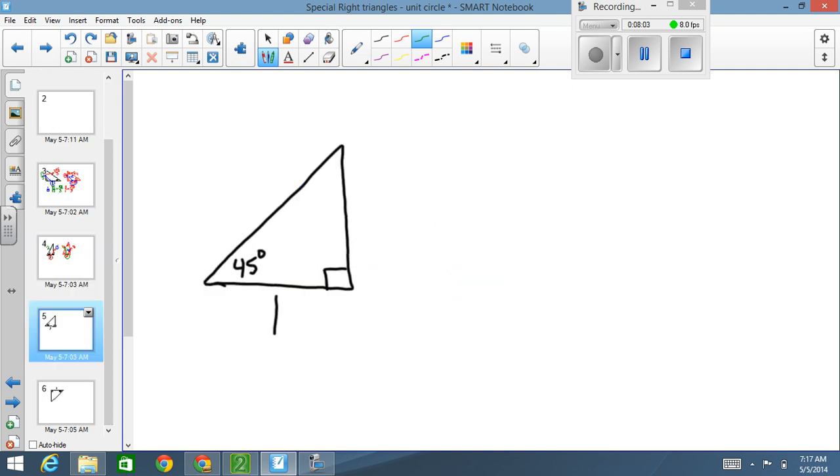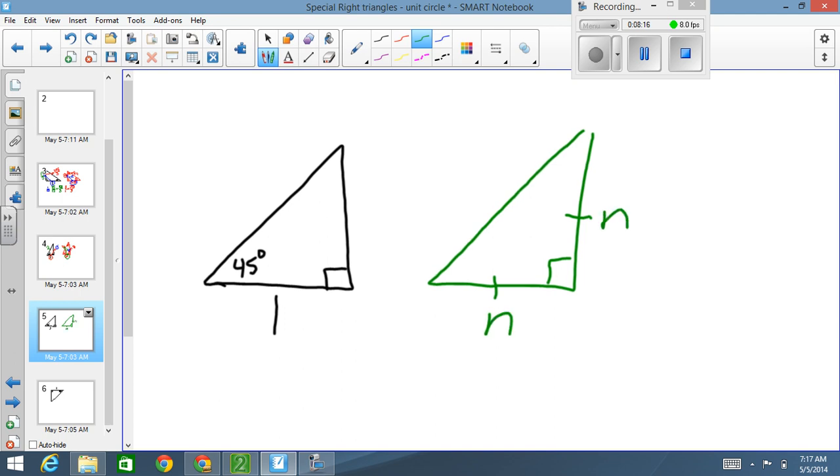How about 45, 45, 90s? Well, if I draw my template next to this, I know that with a 45, 45, 90, the shortest 2 sides are the same. So I can go ahead and put 1 there. And then my hypotenuse is n radical 2. So to get from a short side to my longest side, I'm going to multiply by radical 2.